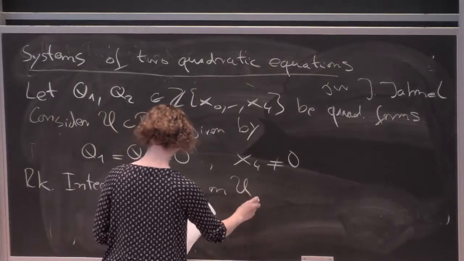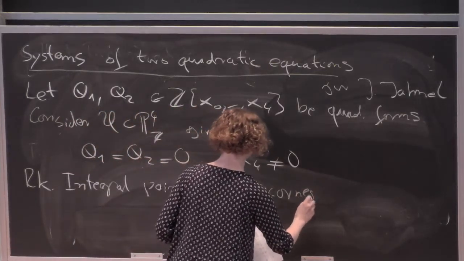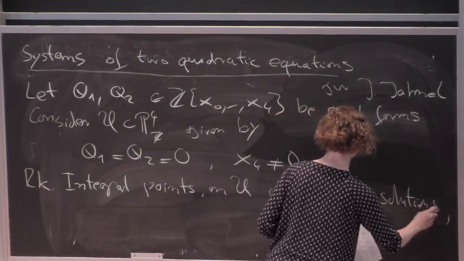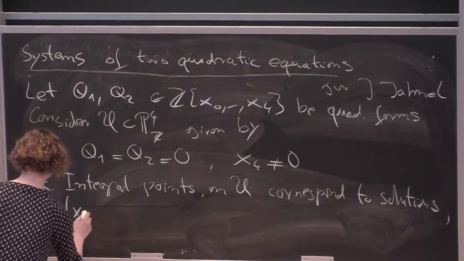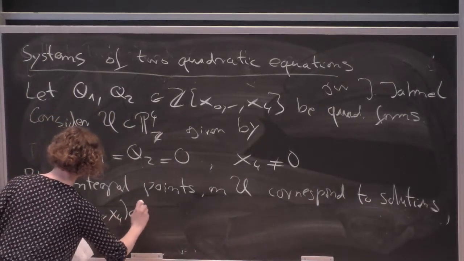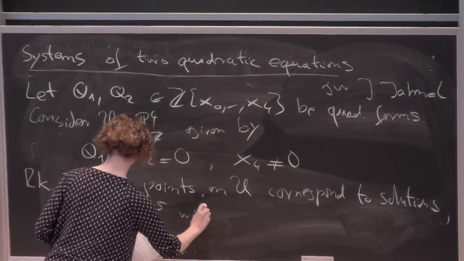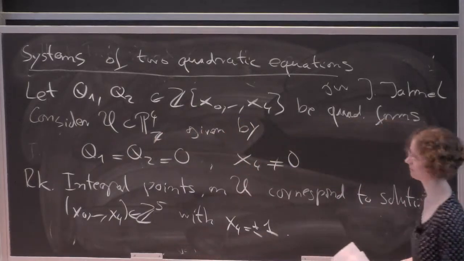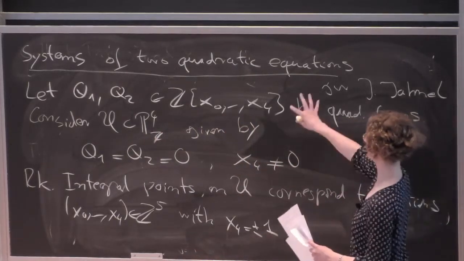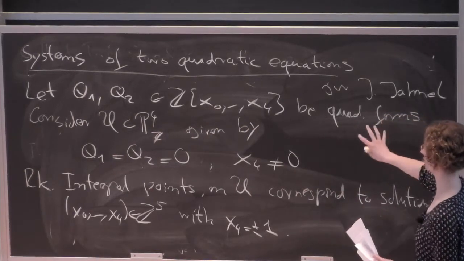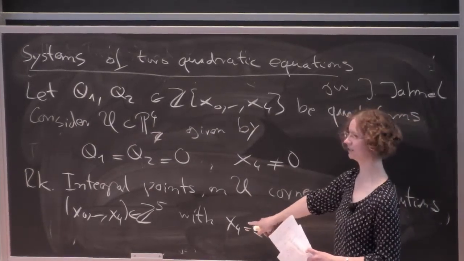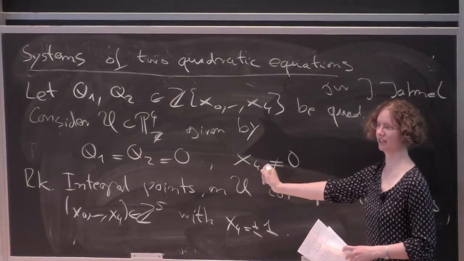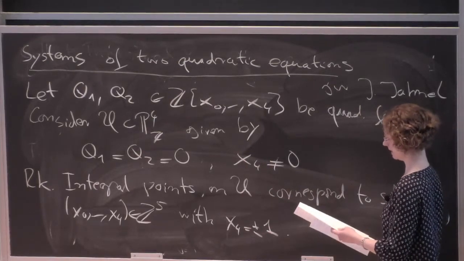Integral points on U correspond to solutions x0 to x4 in the integers, where x4 is equal to plus or minus 1. This comes just from the way that I formally define this as a scheme over Spec Z. If x4 had some other divisor, then if you would reduce it modulo p, you would land in x4 equals 0, which is a thing that we avoid. But that's just merely a thing of notation.